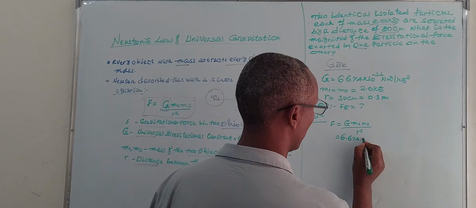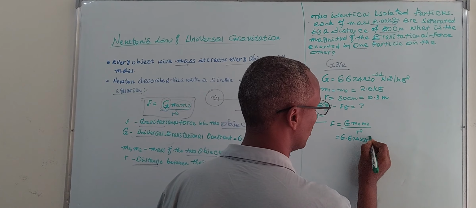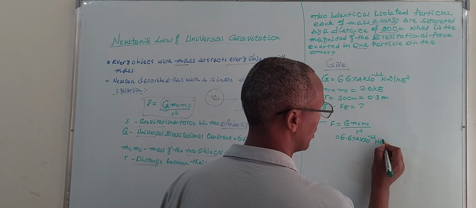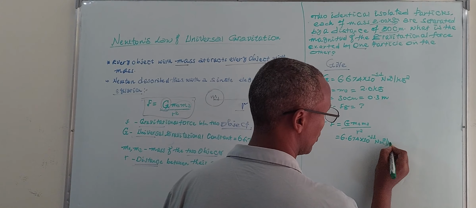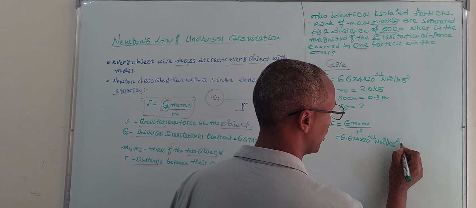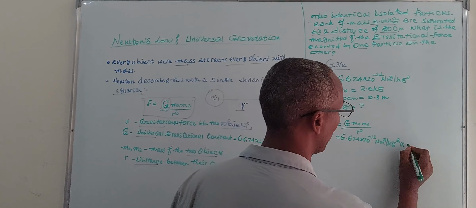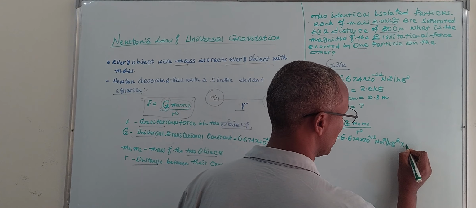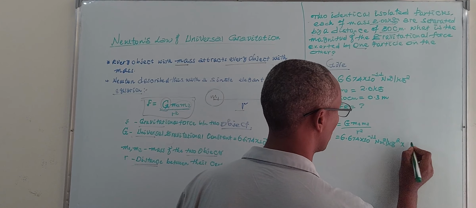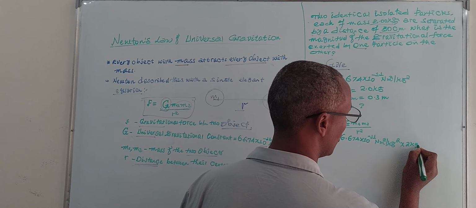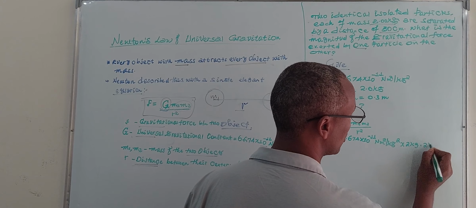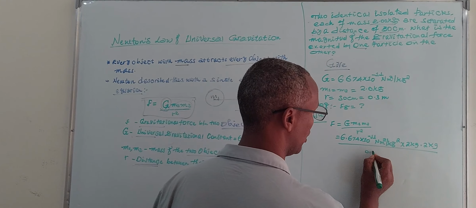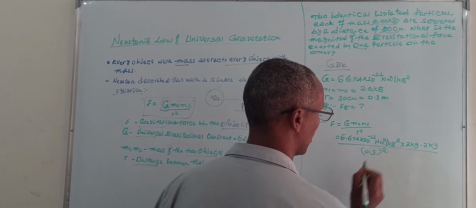Multiplied with m1, which is 2 kilogram, multiplied with 2 kilogram, upon 0.3 the whole square. That is it.